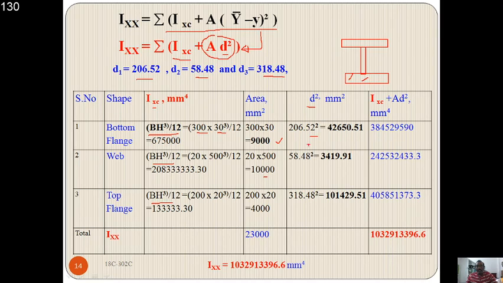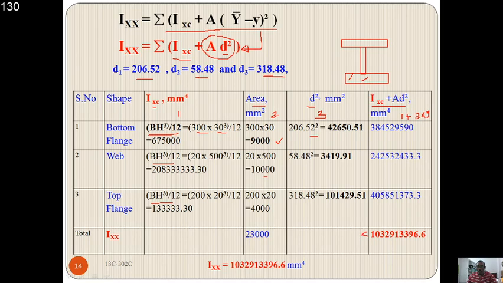After getting those squares, IXC plus A d square is the simple formula we need to use for the addition. So you use these three values, the first, second and third, and then get this value.